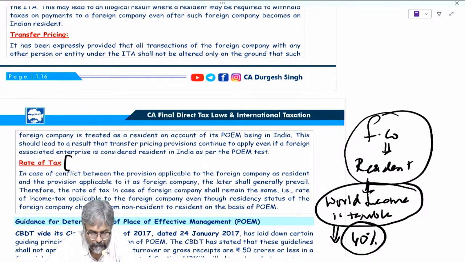However, at what rate it will be taxed? That depends on whether the company is a domestic company or a foreign company.